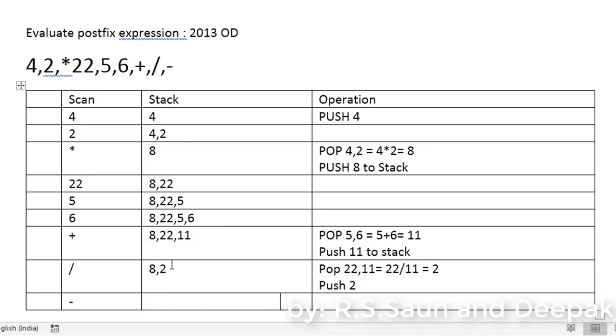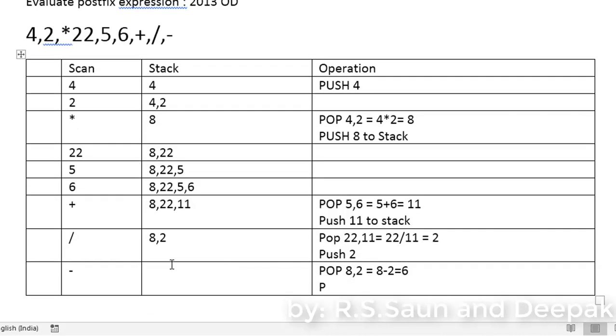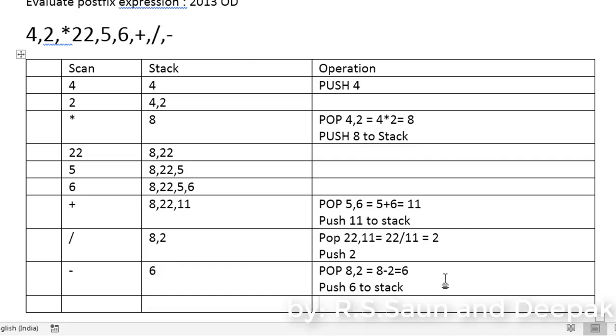Pop 8, 2, and again 8 minus 2 is equal to 6, and finally push 6 to the stack. Then there is no element to read, so we can pop 6 as the result.